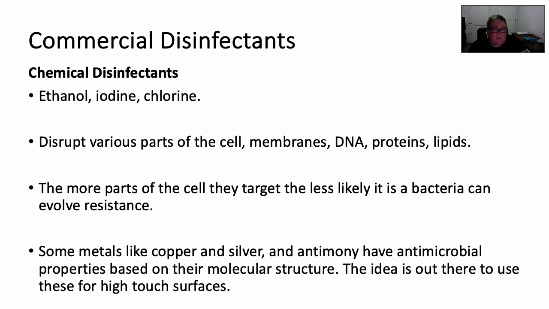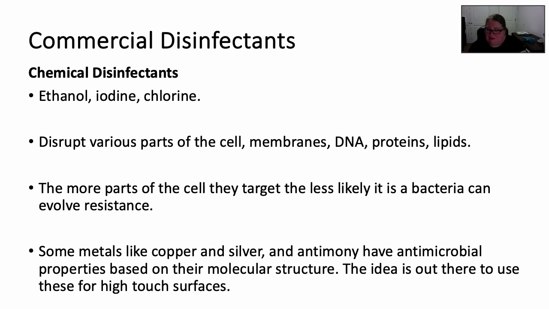Okay, so besides using chemical disinfectants, we're starting to look at other things that we can use. So things like metals, things like copper, silver, antimony, they have natural antimicrobial properties based on their molecular structure. Okay, so we can make things out of these metals and they're going to have clean, sterile surfaces.